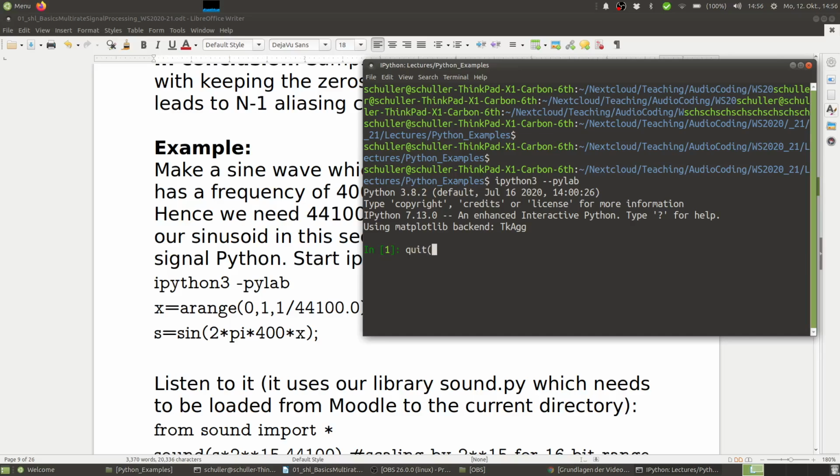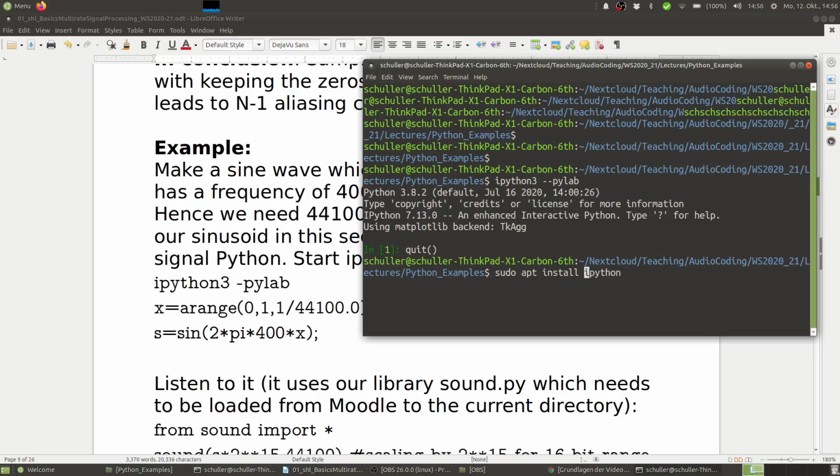Oh yeah, and I should mention, if you didn't install PyLab, you can simply install it by sudo apt install python. I think IPython should work. So there's install missing.